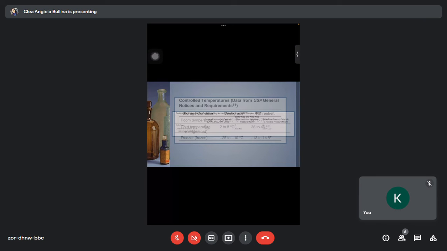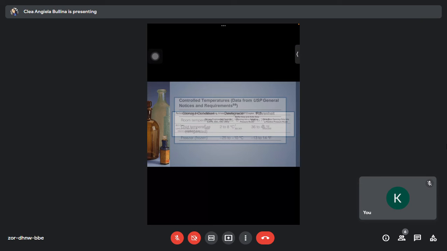Its buffer area and ante-area opening into a negative pressure room must be 7. And then the ante-area opening only into a positive pressure room is 8. You just remember the digits, kasi ito lang, we cannot change this, this is constant. Okay, ito na talaga yung nakasaad sa USP. So just memorize again the digits.